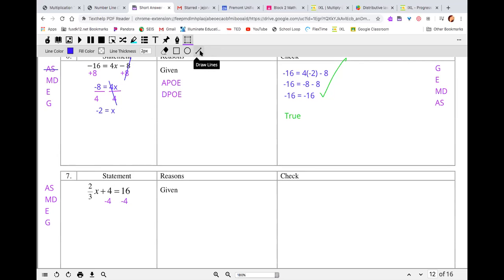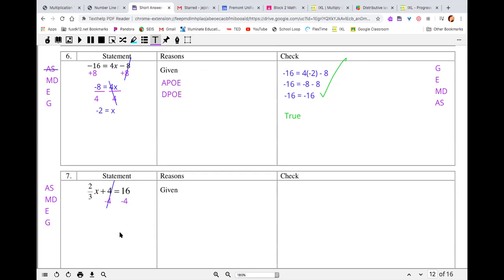It is 0. 4 minus 4 is 0. I'm going to rewrite my entire equation, and I'm changing this simplified one. I'm simplifying the one step. So I got 2. I'm going to put in my x plus 4 equals. And what is 16 minus 4? Well, 12.